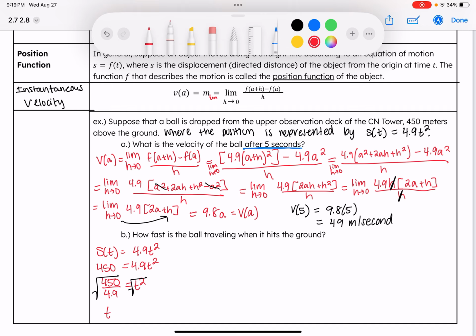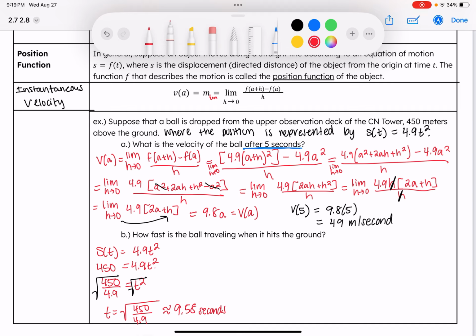So really, your t is going to be the square root of 450 over 4.9. Which if we plug that into the calculator, you should get roughly 9.58 seconds. It's not an exact answer, but it's also asking how fast is that?